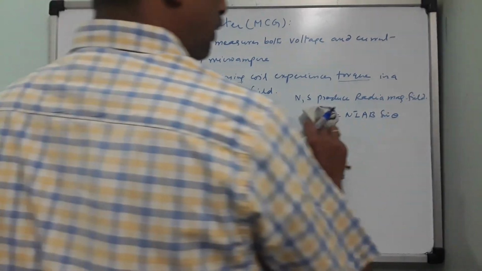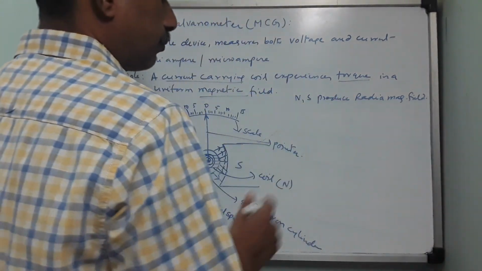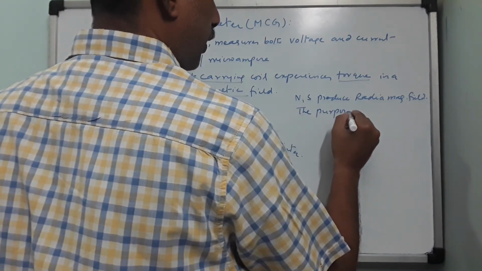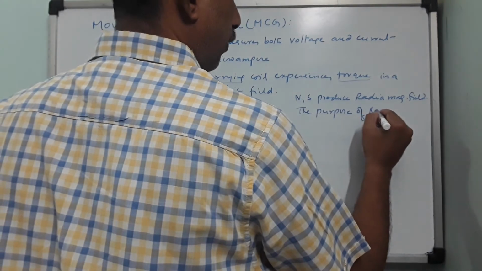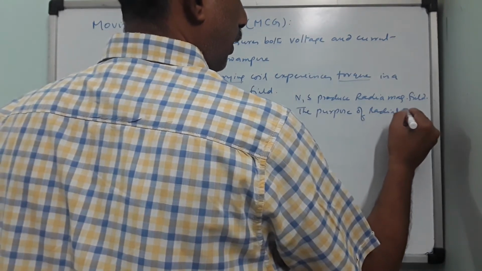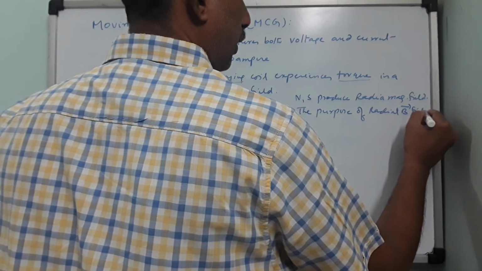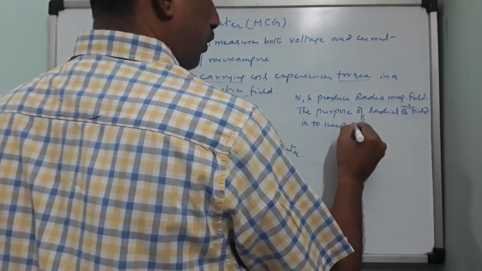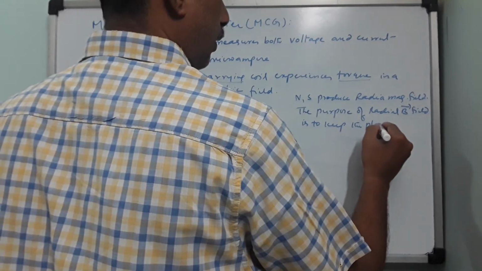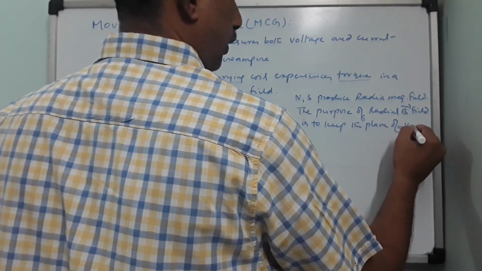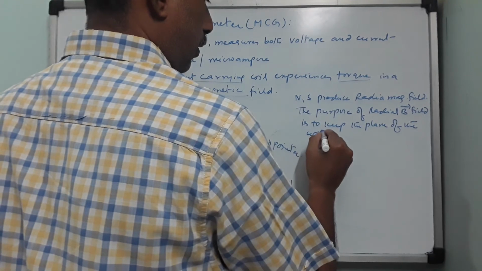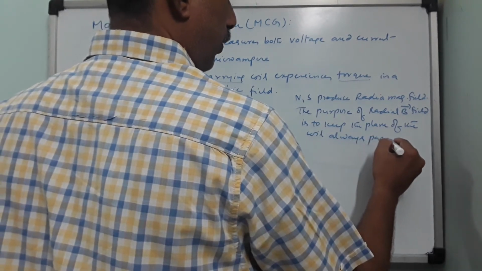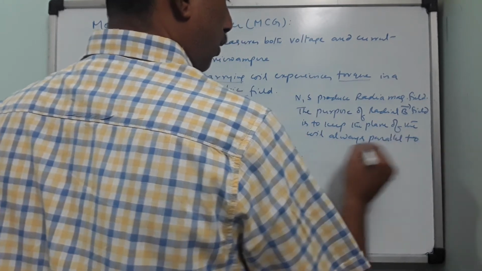So the purpose of the radial magnetic field is, this is one more question, children. What is the purpose of the radial magnetic field? The purpose of the radial magnetic field is to keep the plane of the coil always parallel to whom?